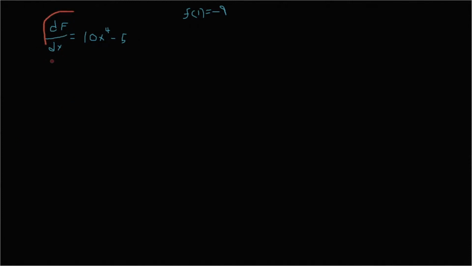We have this fraction-looking thing. It's not really a fraction, but we can call it a fraction for the purposes of differential equations. We can move this dx to the other side by multiplying both sides by dx. And so this is just df is equal to 10x to the fourth minus 5 dx.